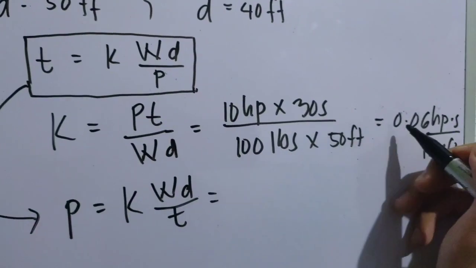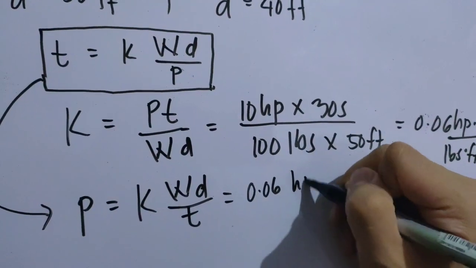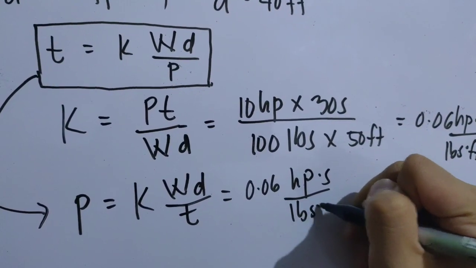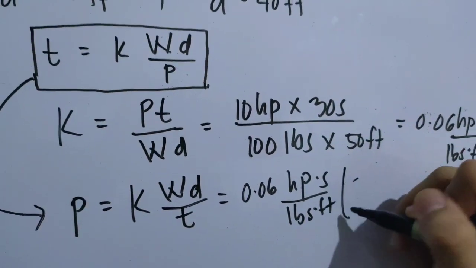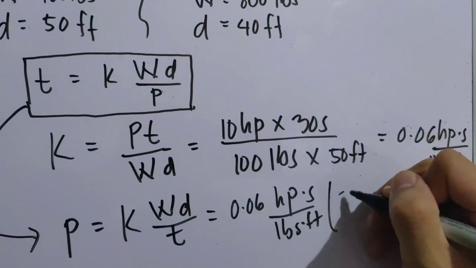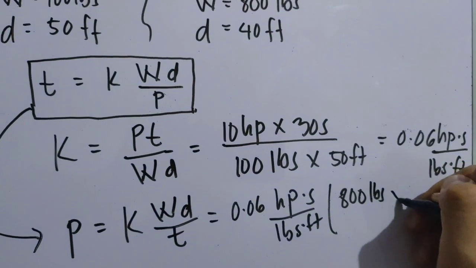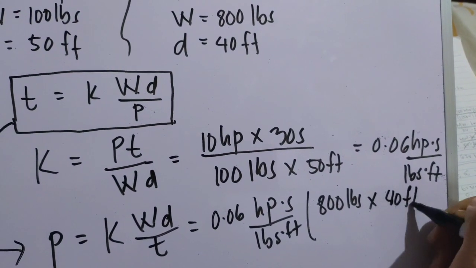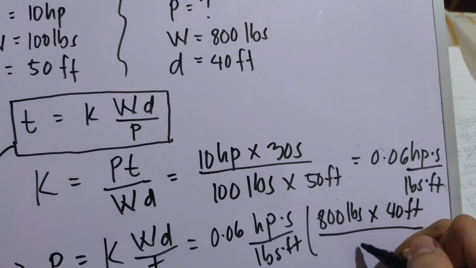Yung K natin equals 0.06 HP seconds per pounds foot. Times yung W natin, 800 pounds, times yung distance 40 feet divided by yung time natin is 40 seconds.